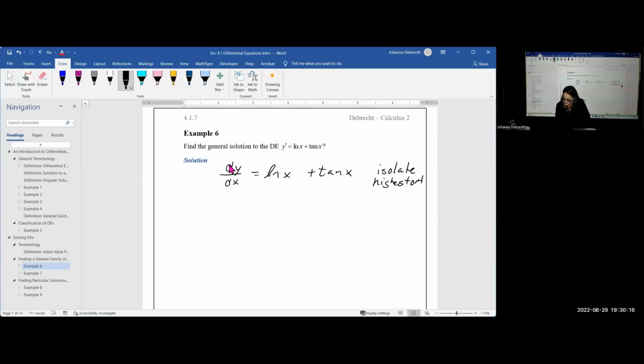The next thing we want to do is integrate the two sides. So now we want to integrate the left side, dy/dx, with respect to the independent variable x. And now we need to integrate the right side. Remember to put the integrand in parentheses, also with respect to the independent variable x.